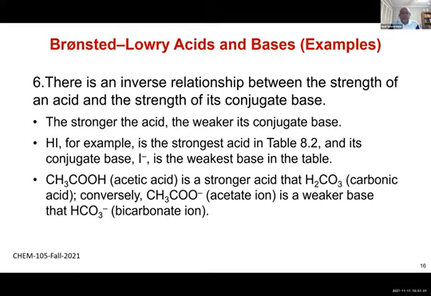The conjugate base of acetic acid is acetate ion, which is weaker. Carbonic acid is a weaker acid compared to acetic acid. Therefore, bicarbonate ion is a stronger conjugate base than acetate ion.